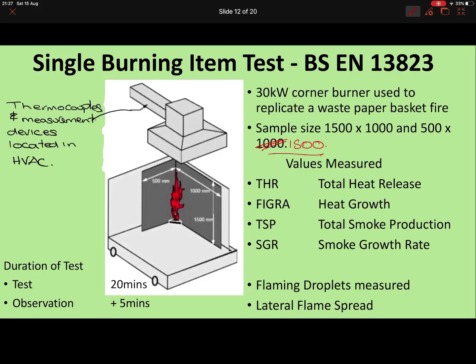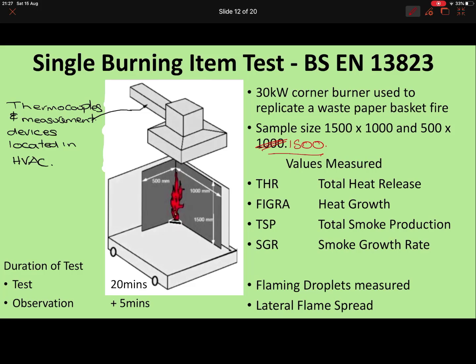Flaming droplets are monitored, and lateral flame spread is monitored. The test lasts for 20 minutes, and the observation time is 5 minutes. So that when the fuel to the flame is taken away, it's left for 5 minutes before the full observations are taken.